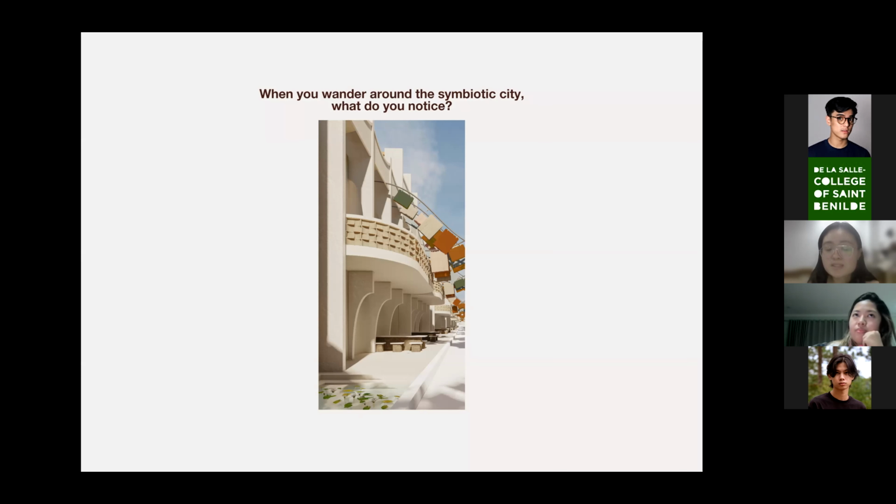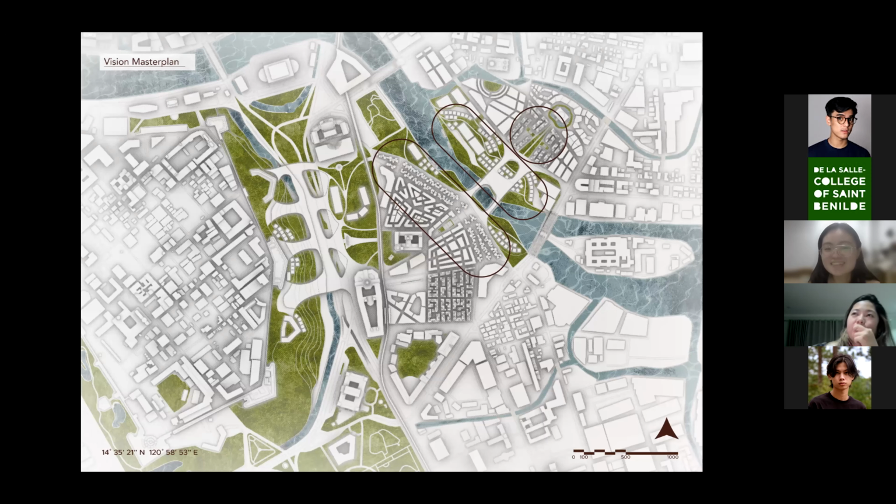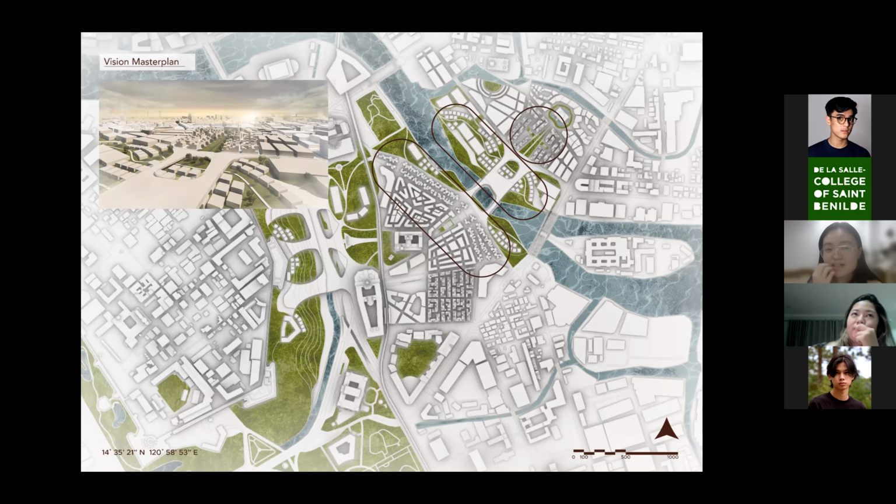We'll be starting with our fabric building. I just wanted to pose a question: when you wander around the symbiotic city, what would you notice in particular? This is just a hint at what we're going to be presenting later on.